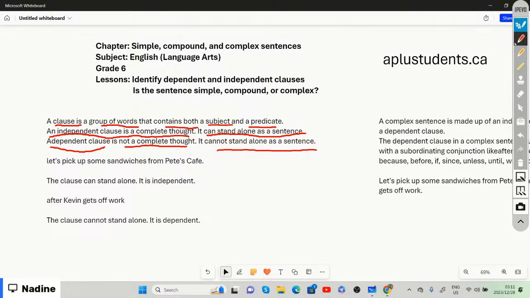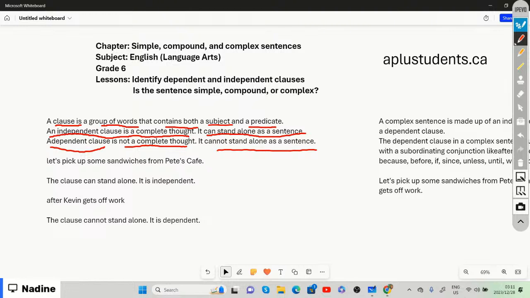And then we have "after Kevin gets off work." There it's missing something, which means that this clause cannot stand on its own. So it is a dependent clause.